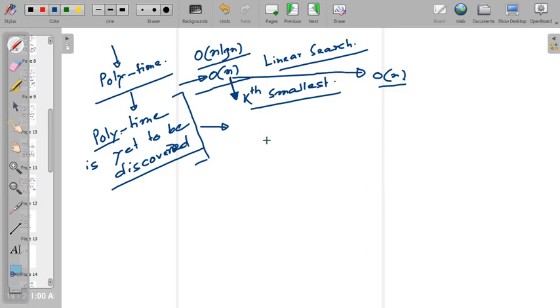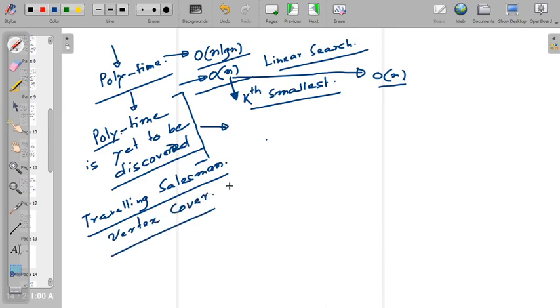We haven't found any polytime algorithm for those problems yet. One such problem is the traveling salesman problem. Another one that we'll be discussing is the vertex cover problem.